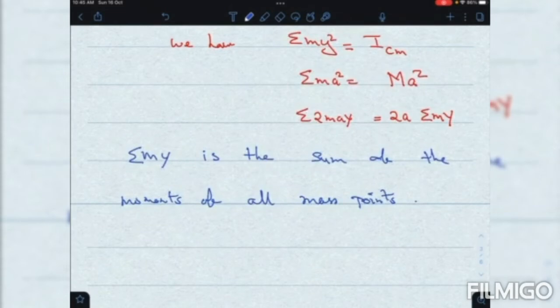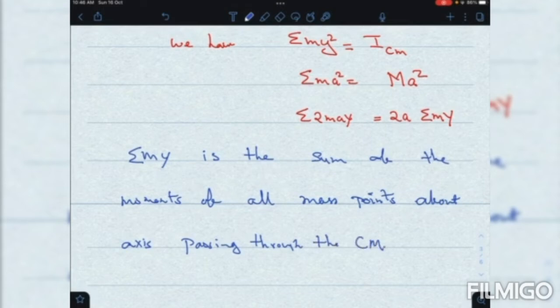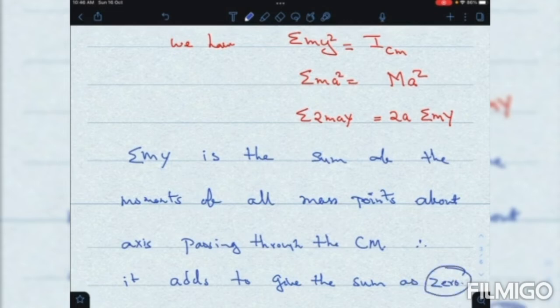So you can write sigma m y is the sum of the moments of all mass points about an axis passing through the center of mass, which is 0. This point has to be noted.